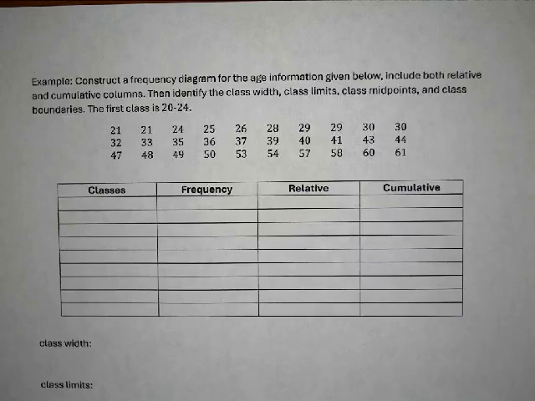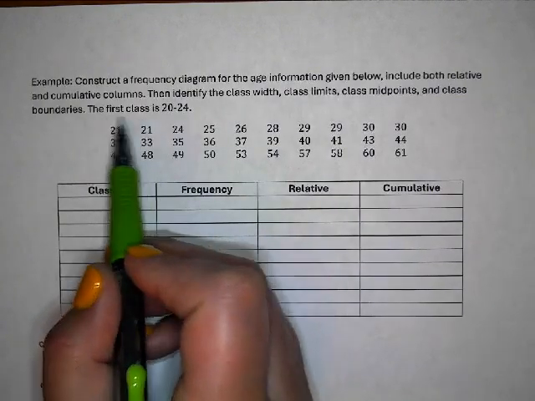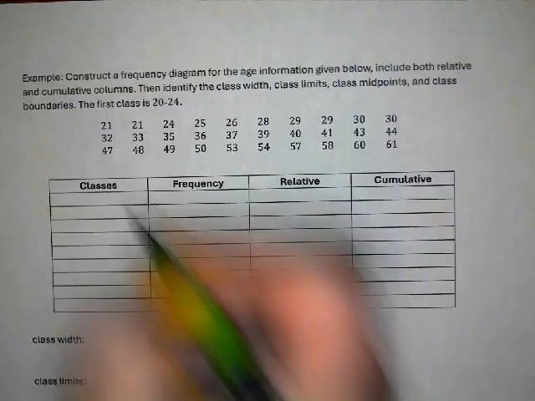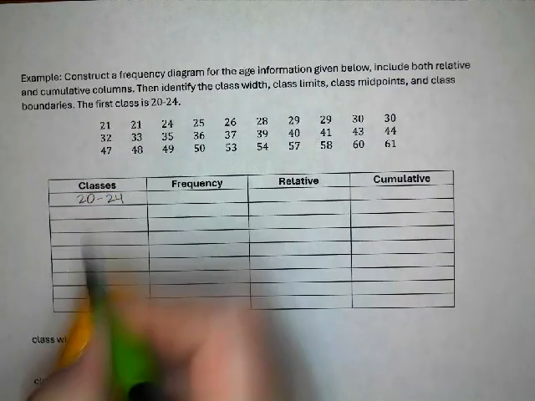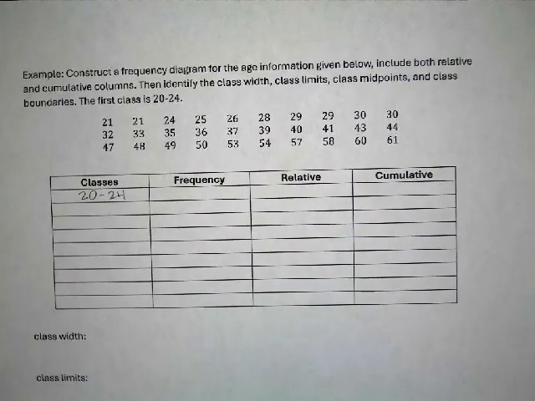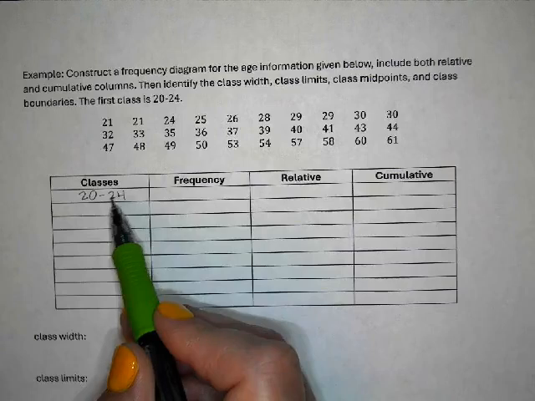be starting at the very beginning of those 6 steps. They're probably going to start here, where they tell you what the first class is. They're going to say the first class is 20 to 24 for this data, giving you the lower class and the upper class. Hidden within that, we're going to find the class width.